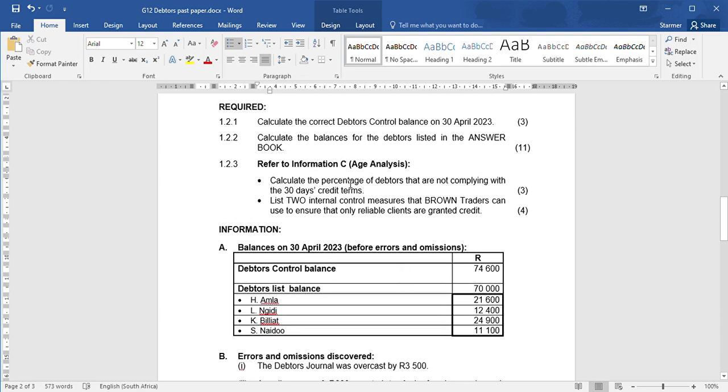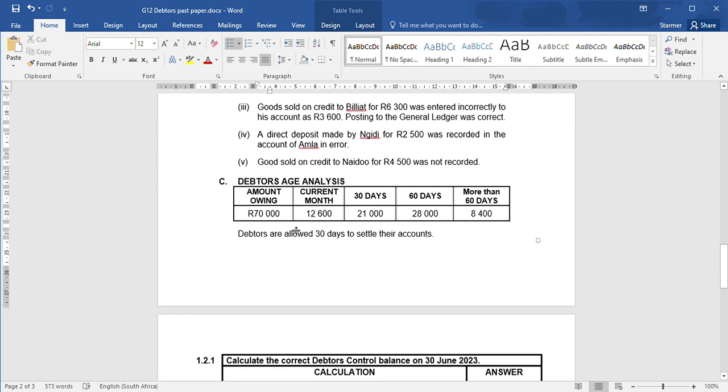Right, then they ask you to refer to information C, which is an age analysis. Remember that shows you a breakdown of how much debtors owe you for each period of time. And they ask you to calculate the percentage of debtors that are not complying with the 30 days credit terms. So if you have a look here, the total amount owing is 70,000.